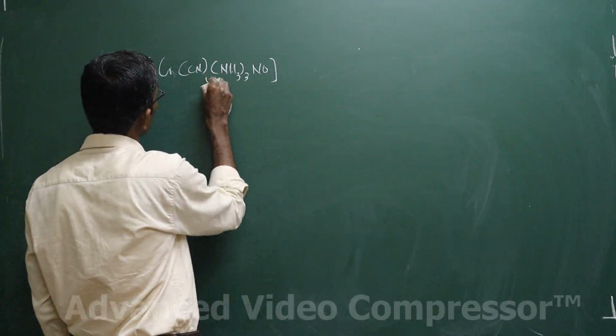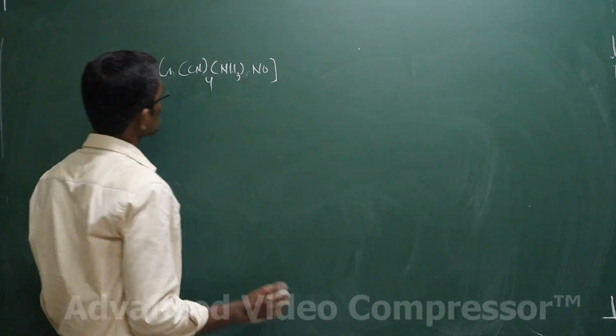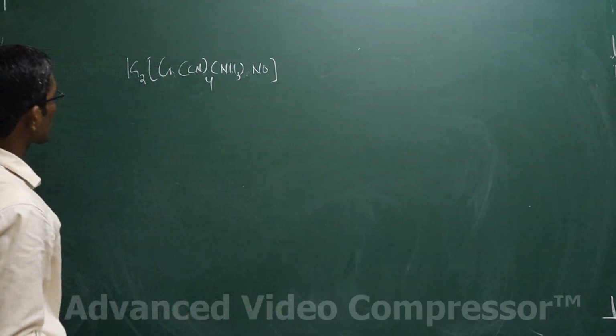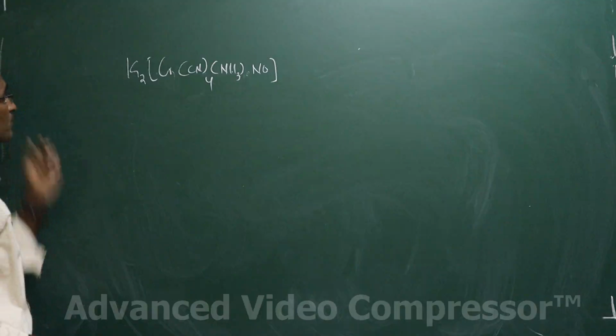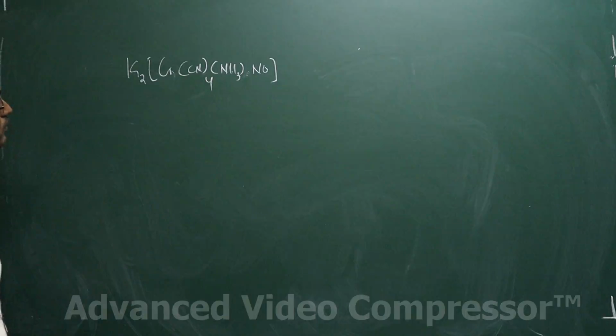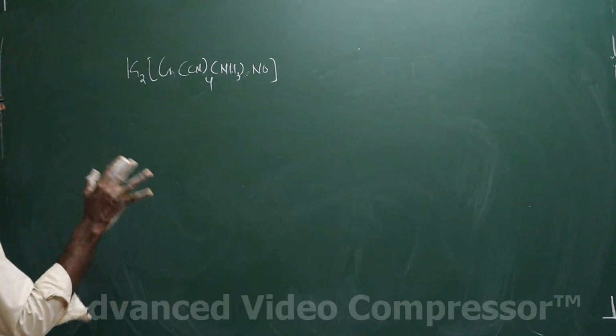Or you can keep this as 4 and the ammonia as such, because it's an octahedral complex having 6 ligands. Cr, CN 4 times, ammonia, and NO.